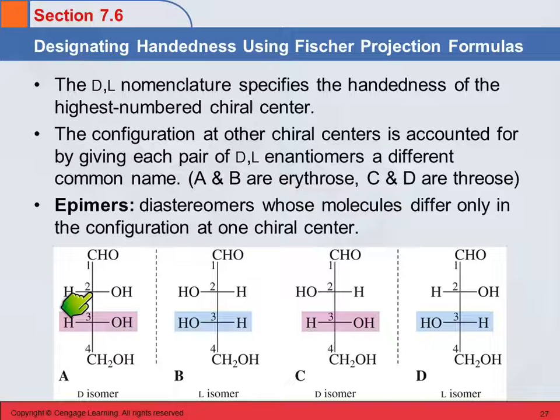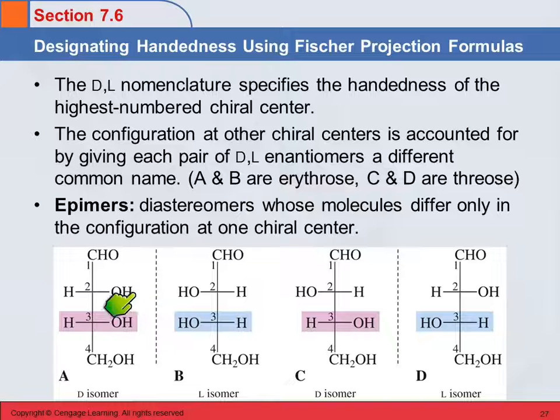So what do we do about the chirality at the second carbon? Well, they take care of that by giving each pair a different common name. So this was, what was it, 2,3,4-trihydroxybutanal, I think was its name. Well, instead of using a name like that, they give it a common name.